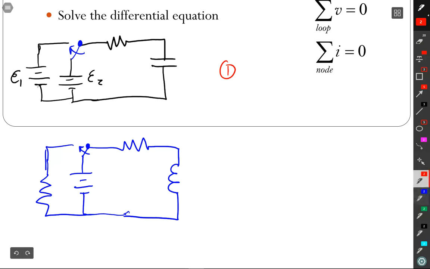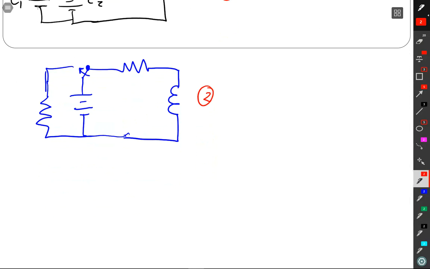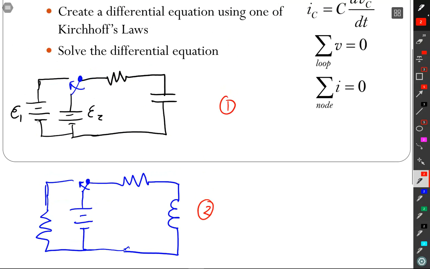So that's the second case you could have for this. In both cases, let me just write these down.